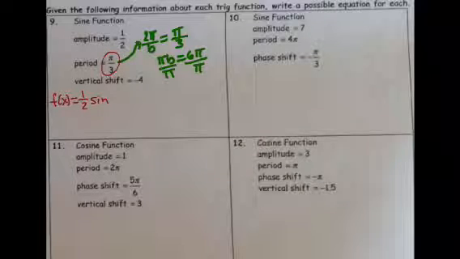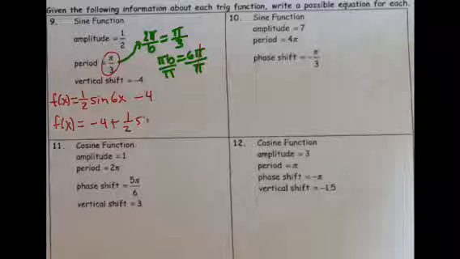And so here's the work in green. And you see the pi's cancel, so you have 6x, and a vertical shift of -4. So you could put it -4 like that, or you could put f of x equals -4 plus 1/2 sine 6x. Either one is fine.